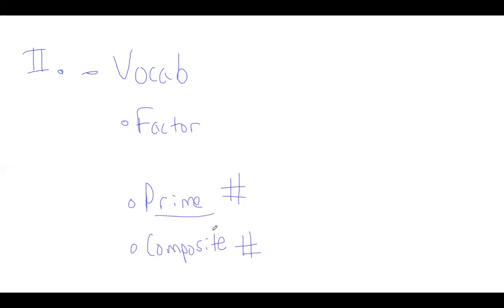One of the words we need to know is, what does factor mean? Another word we might want to know is, what is a prime number versus a composite number?